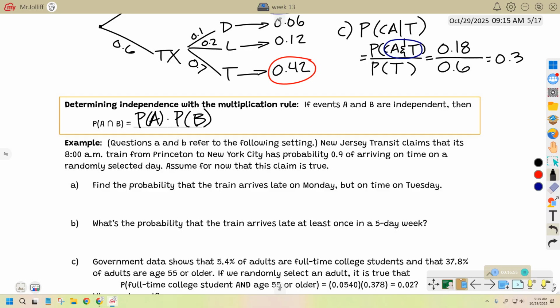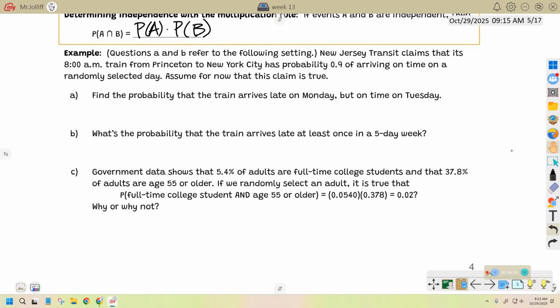Okay, let's try an example, because examples are good for you. A and B refer to the setting, and then C is kind of its own little thing. It says, New Jersey Transit claims that its 8 a.m. train from Princeton to New York City has probability 0.9 of arriving on time on a randomly selected day.